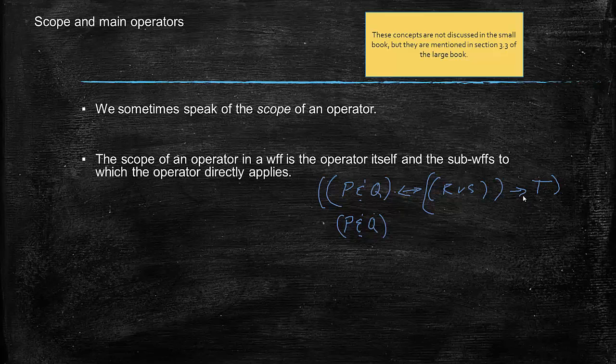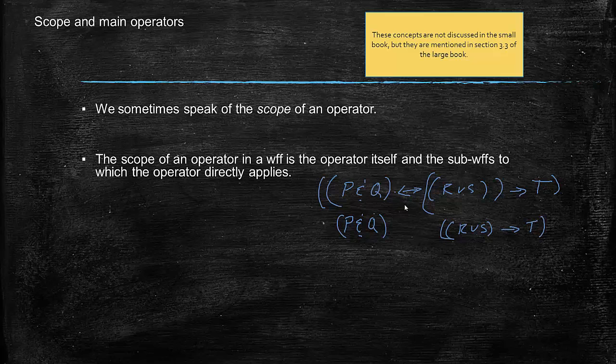The scope of the conditional over here is the conditional and these two formulas that it connects. So the scope of the conditional is R or S, then T. That's the scope of the conditional.